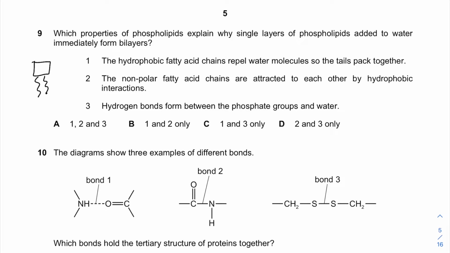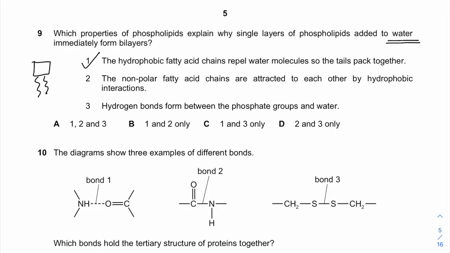So when they come into contact with water, the tails are hydrophobic, so they would repel water molecules. So this is correct. The hydrophobic fatty acid chains repel water molecules, so the tails pack together, and also the non-polar fatty acid chains are attracted to each other by hydrophobic interactions.